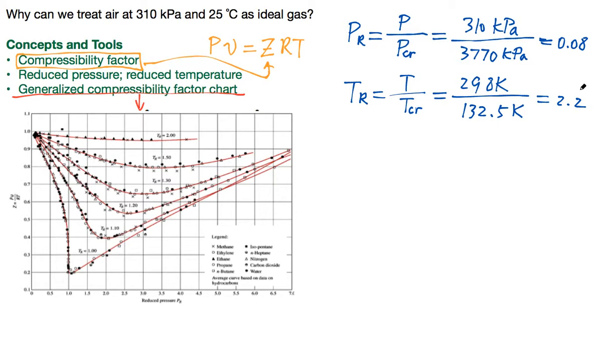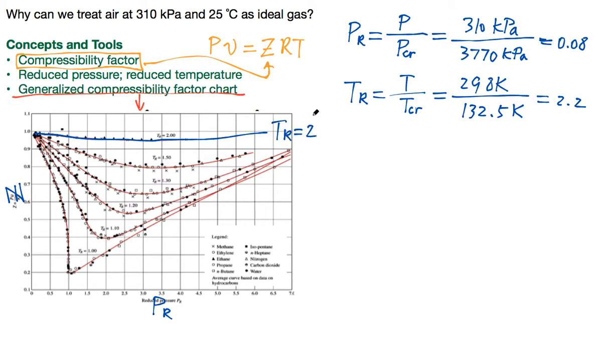And let's find out what location they represent on the generalized compressibility factor chart. The x-axis is reduced pressure, P sub r. The y-axis is the compressibility factor Z itself. Each curve in this chart represents one constant T sub r value. The top curve represents T sub r equals 2.